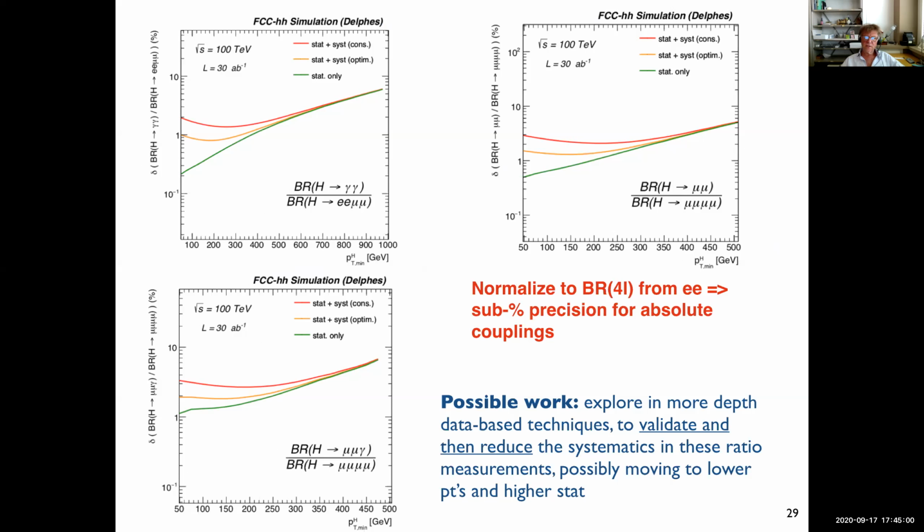So these studies were done for these rare final states of Higgs to gamma gamma, Higgs to 4 fermions, Higgs to mu mu, and Higgs to Z gamma, with Z going to mu mu.